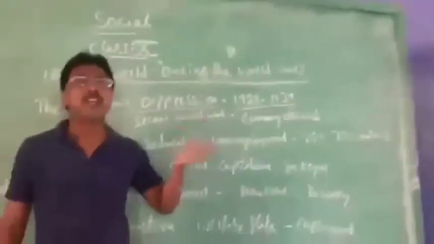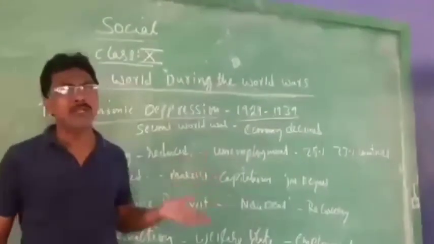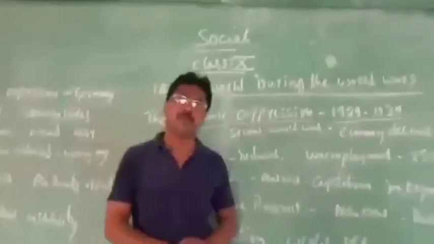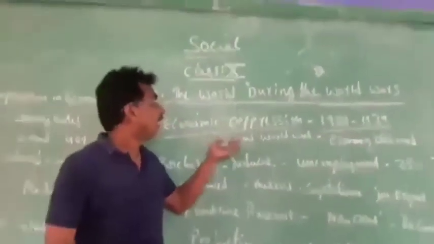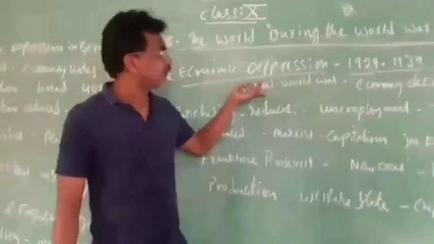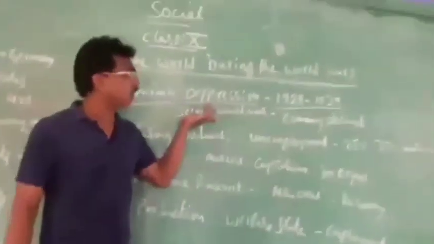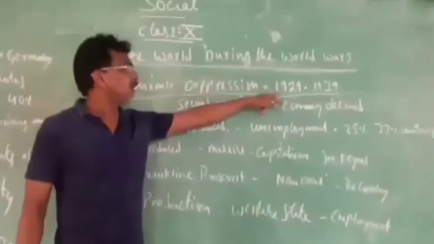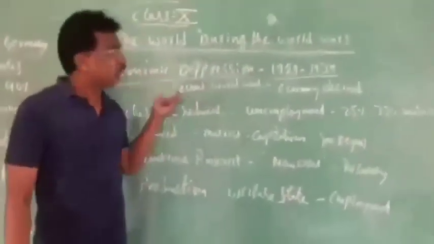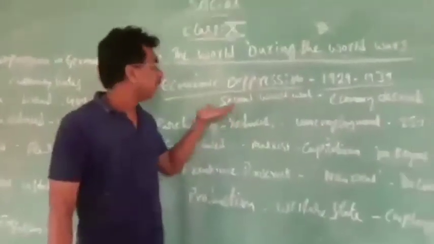In their governments, they were not having money, not even money to give salaries to the people. Like that, problems happened. The First World War was completed in 1918, and the Second World War started, and in that time the economic depression happened.